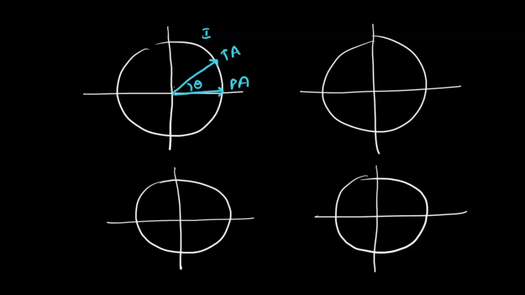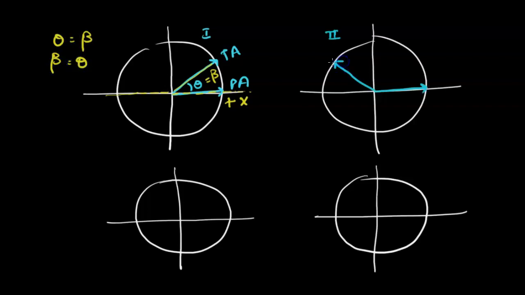Related acute angle is the angle that is formed between the terminal arm and the nearest x-axis. The nearest x-axis in the first quadrant is the positive x-axis. Therefore, in the first quadrant, the principal angle is also called the related acute angle. Since related acute angle is represented with beta, therefore in the first quadrant we can say theta is equal to beta, or beta is equal to theta.